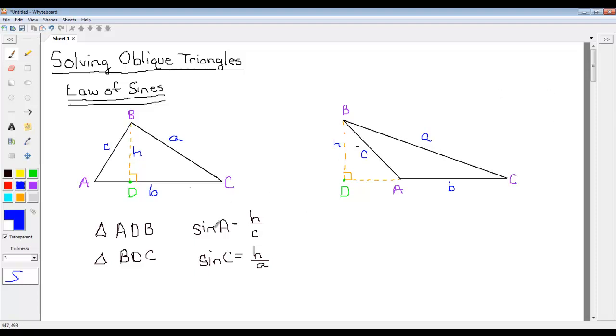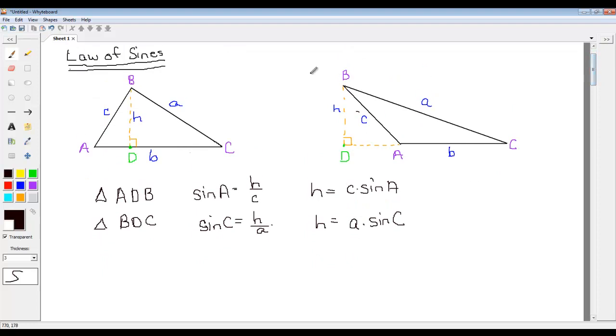If you take the first formula and solve for h, you'll have h equals c times sine A. If you take the second formula and solve for h, you'll have h equals a times sine C. So regardless of which triangle you're working with, whether you're focusing on the triangle on the left or the triangle on the right, h is going to be the same value. So you could set these two equal to each other. In that case, c sine A equals a sine C.